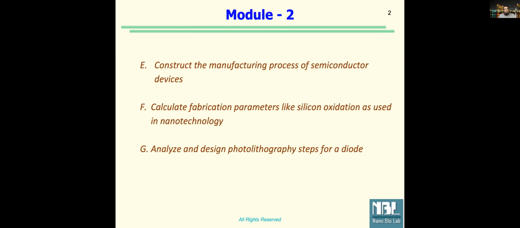In there, we had a quiz question about oxidation also, which is the natural process where oxygen interacts with metals and creates what we call rust. But in our case, when we talk about silicon, we deliberately create that oxide because, number one, it is easily grown. You can control the thickness of that oxide.